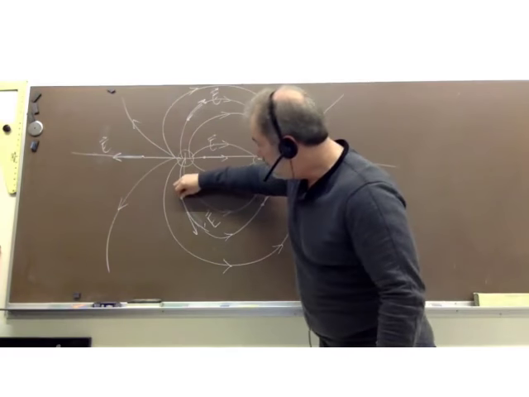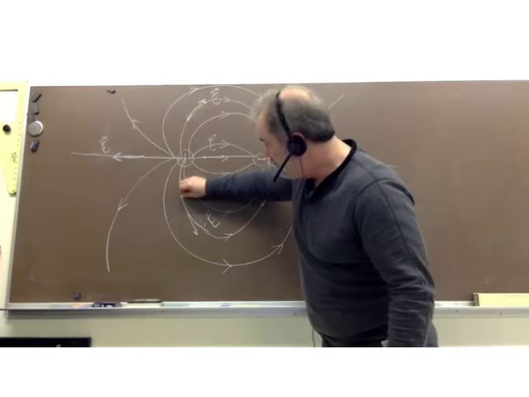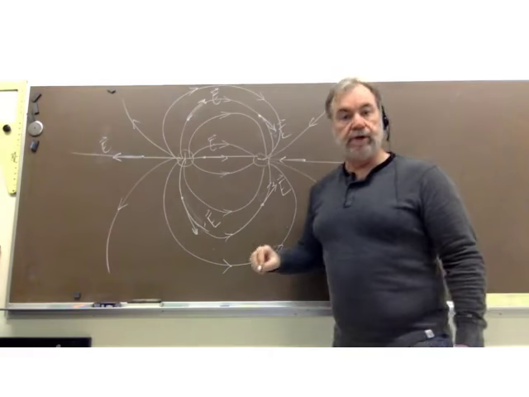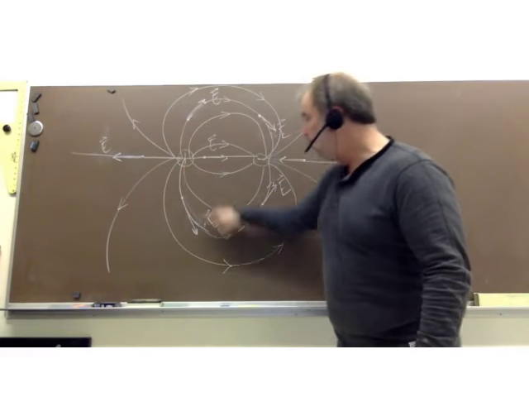So right here, the field points in a direction indicated by this arrow, the vector that I drew earlier, and this arrow is tangent to this curved field line.